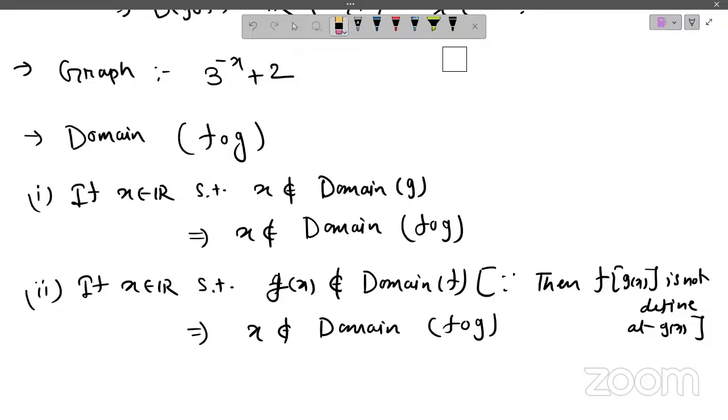So these are the only 2 rules you should follow first. Okay, now it is clear? Yes, ma'am. Okay, thank you.